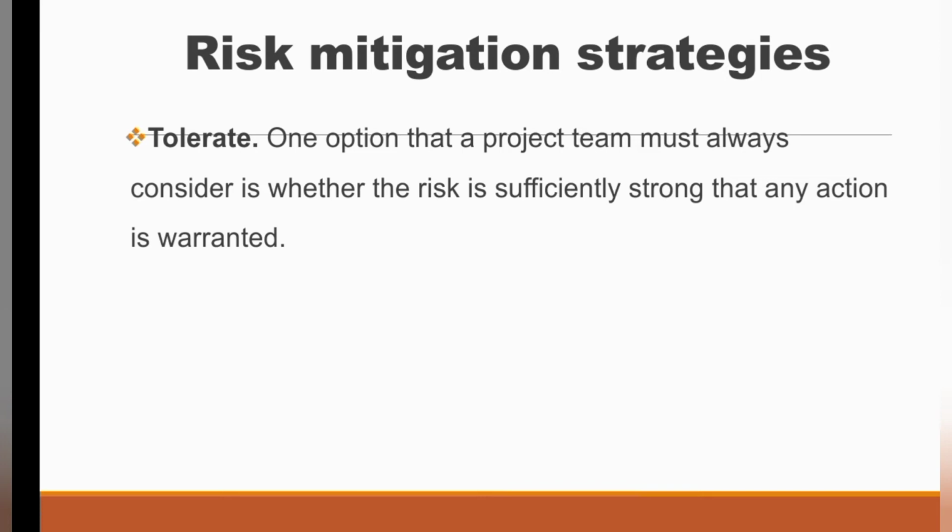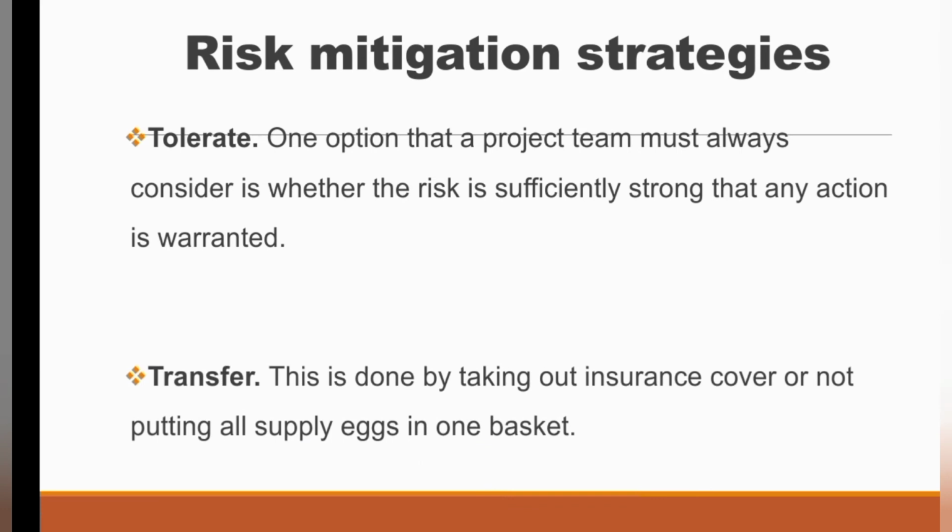The second we want to talk about is transfer, risk transfer. It is another means which the project team and the project manager can consider depending on its effect on the project. So the transfer is done by taking out insurance cover, or in other words, not putting all your eggs in one basket.